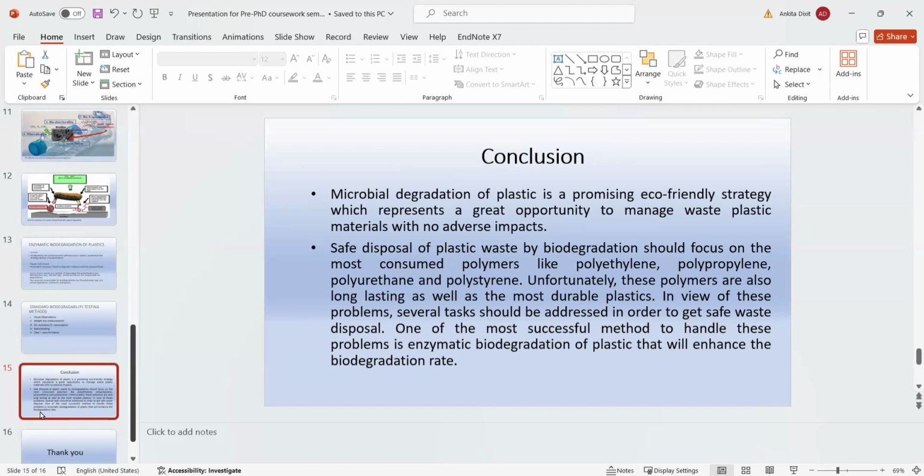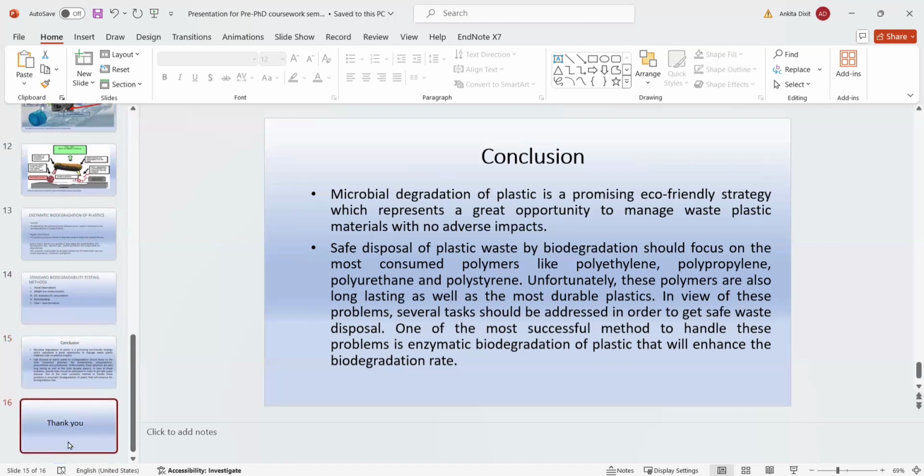The safe disposal of plastic waste by biodegradation should be focused on the most consumed polymers like polyethylene, polypropylene, polyurethane, and polystyrene. Unfortunately, these polymers are also long lasting as well as the most durable plastics. In view of this problem, several tasks should be addressed in order to get the safest disposal. One of the most successful methods to handle this problem is enzymatic biodegradation of plastic that will enhance the degradation rate. Thank you.